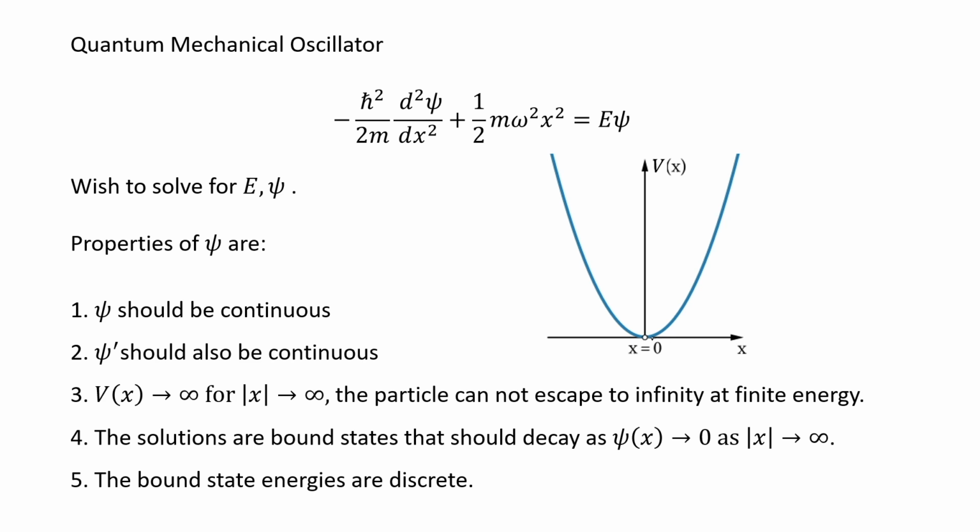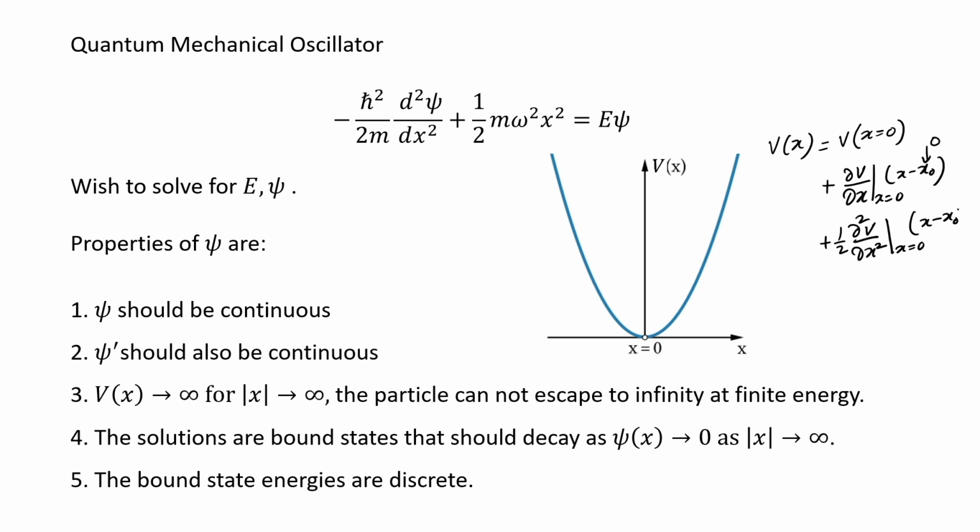If you expand the V of x about x equal to 0 by a Taylor expansion, it becomes V at x equal to 0, plus del V del x evaluated at x equal to 0 times (x minus x 0), and x 0 is equal to 0 here, of course, plus half of del 2 V del x 2, evaluated again at x equal to 0, times (x minus x 0) whole square, plus all the other terms.